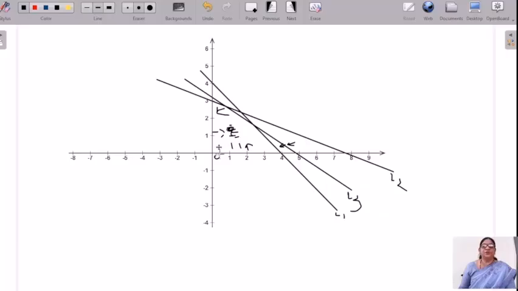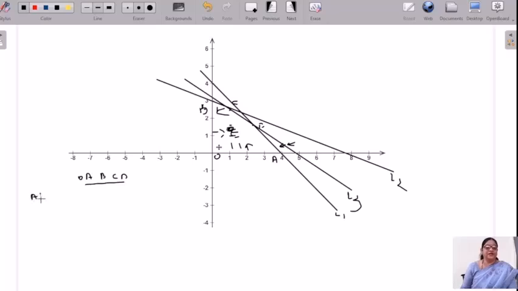We give the name O to the extreme points of the region: O, A, B, C and D. Therefore O, A, B, C, D is our feasible region.